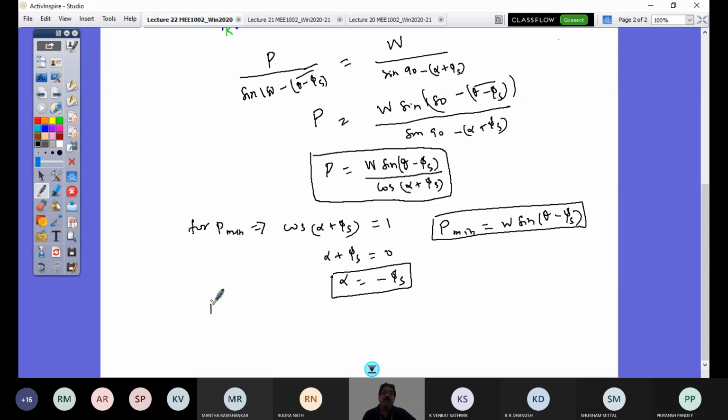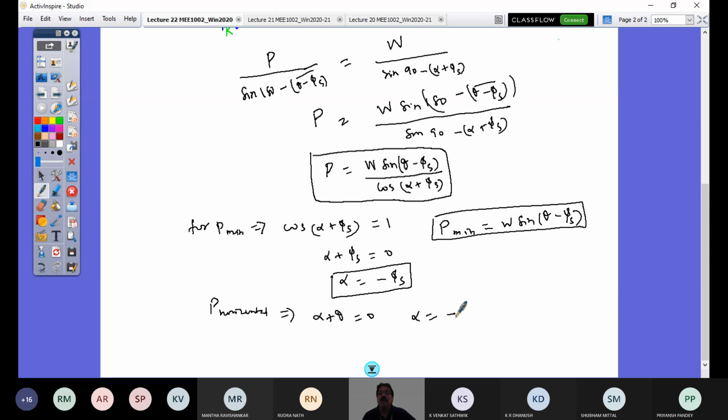Now, if P is to be horizontal, what is the condition? You are saying that the P direction from the slope is alpha, and the slope is angle theta. So for P to be horizontal, alpha plus theta should be equal to 0, right?